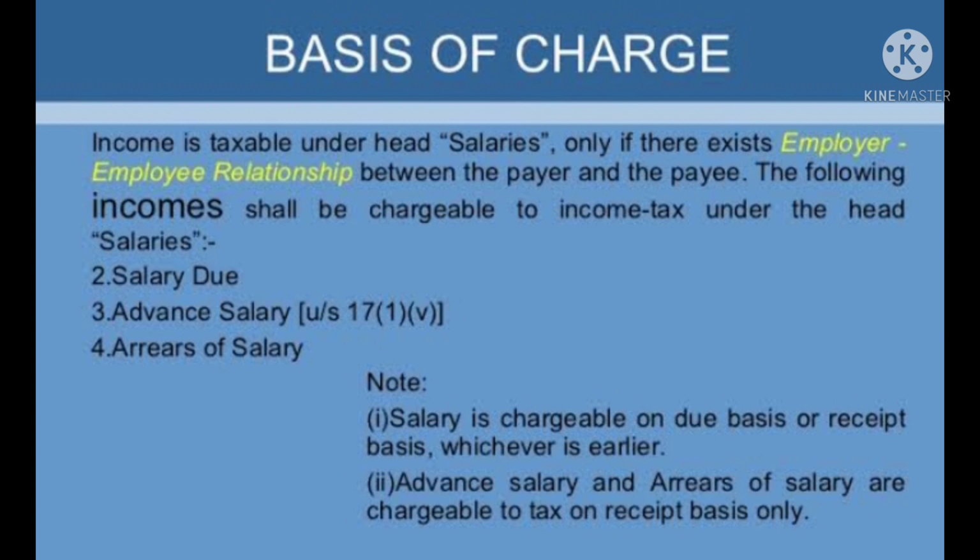Due to some emergency you might take advance salary. Arrears of salary means past salary which was not paid is paid now. For example, during this COVID situation, many people did not receive their salary, but they might receive it in the future. That can be called arrears of salary. So these come under the income from the head salaries.